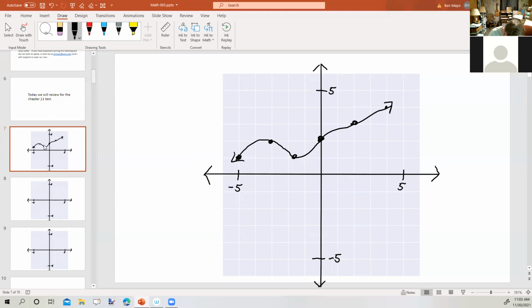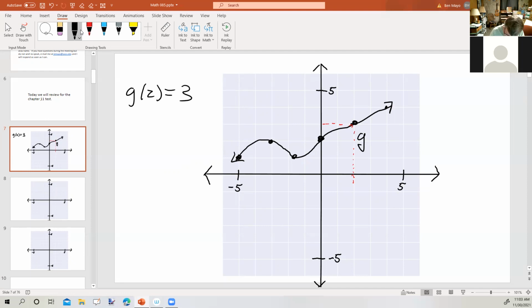And we'll call this the function g, okay? So g of 2, what would we do? We'd find where the input is 2, and we see that the output is 3. So g of 2 equals 3, okay?